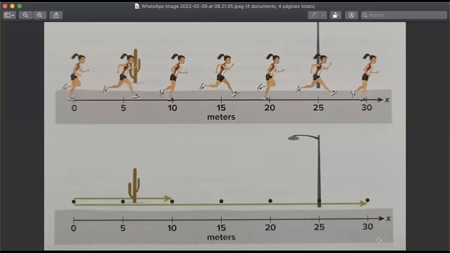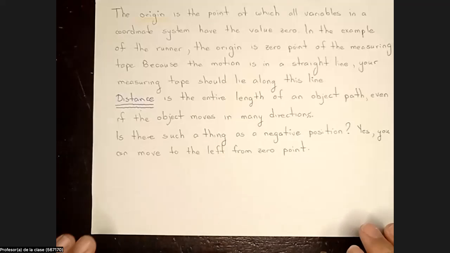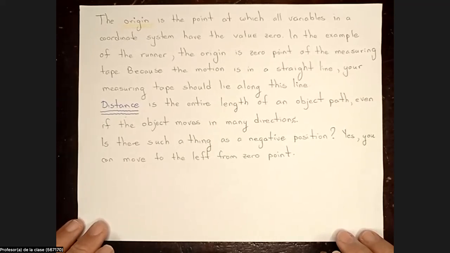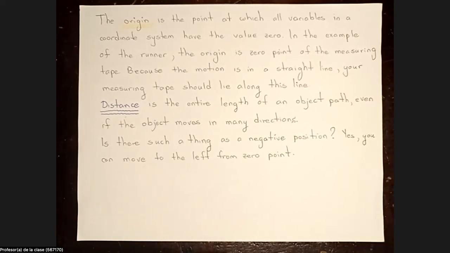So that will be a coordinate system. Okay, so the origin is the point at which all variables in a coordinate system have the value 0.